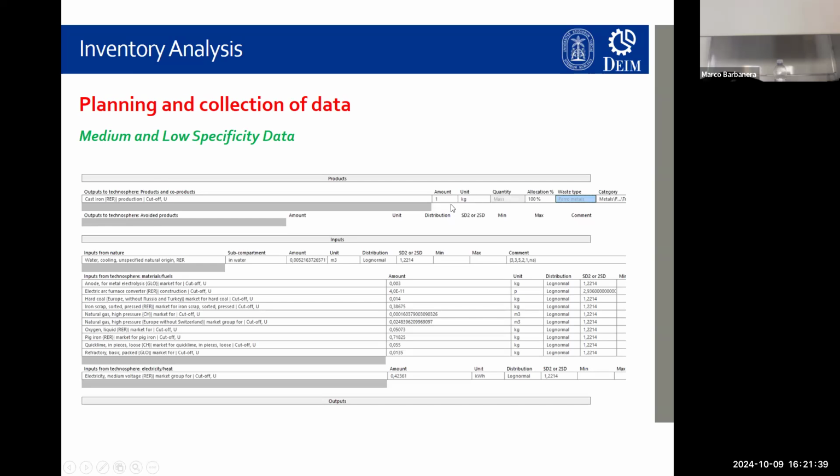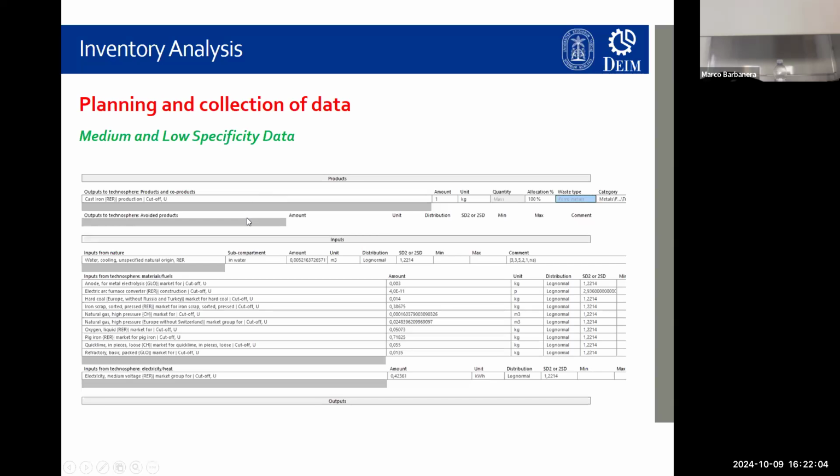These two cells refer to the functional unit of this process. So the following input and output data are referred to 1 kilogram of cast iron, for the production of 1 kilogram of cast iron.